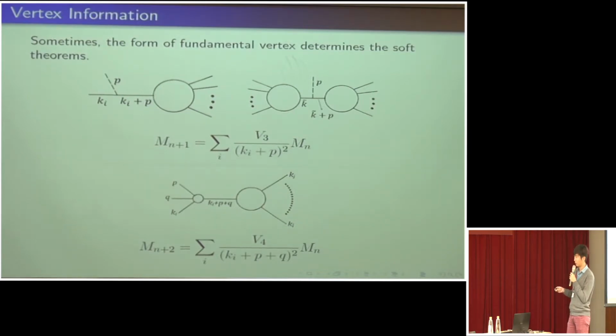That is for theories that have some gauge symmetry, like photon or graviton. Then the gauge symmetry forces the two diagrams to be proportional.